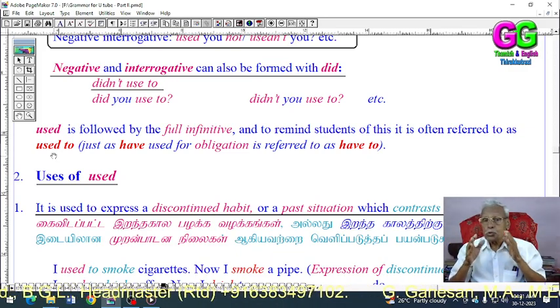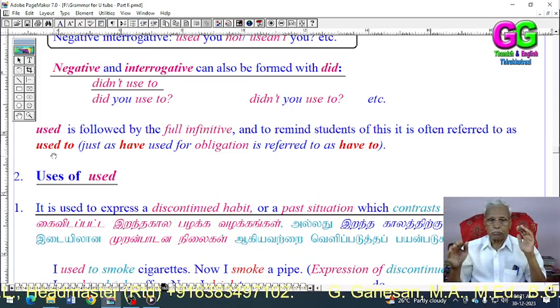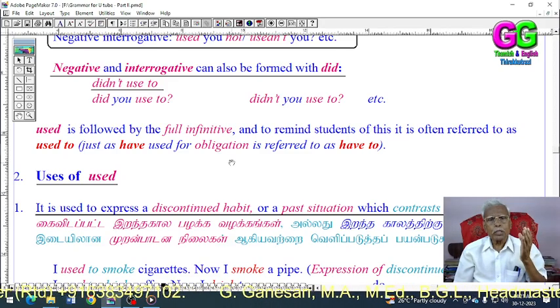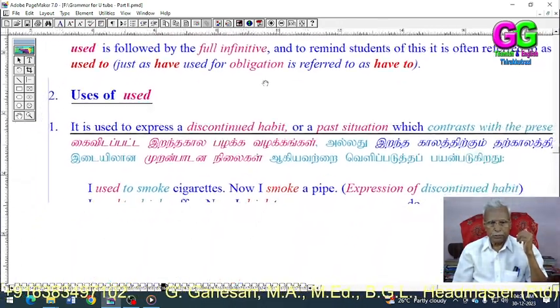The form used to is used to refer to habitual actions.